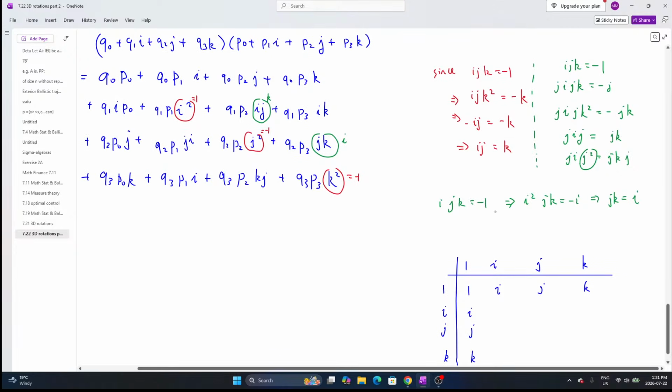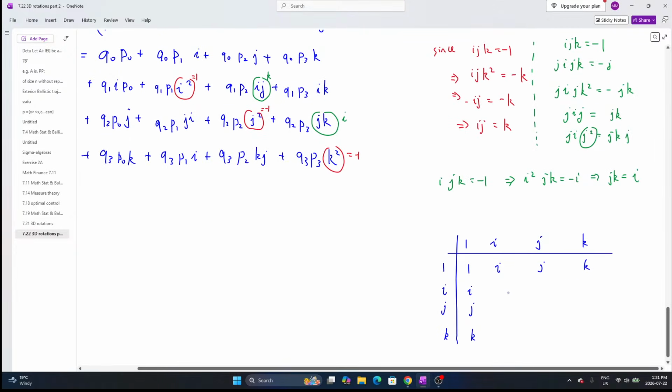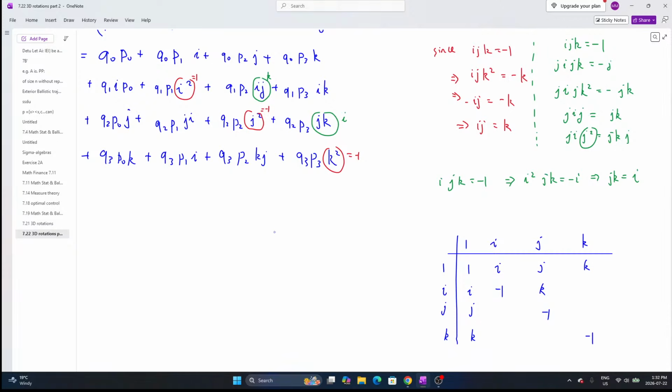Well, we just derived that ij is k, so that's fine. So what is ji? We can use associativity. Quaternion multiplication is still associative, so you have ij equals k. How do I get a ji? Well, let's try putting an i here, iji.